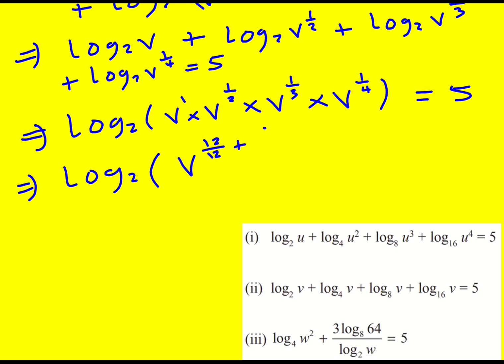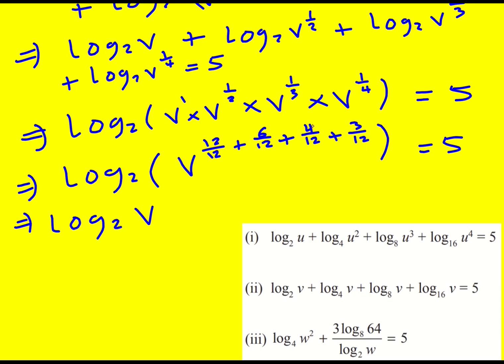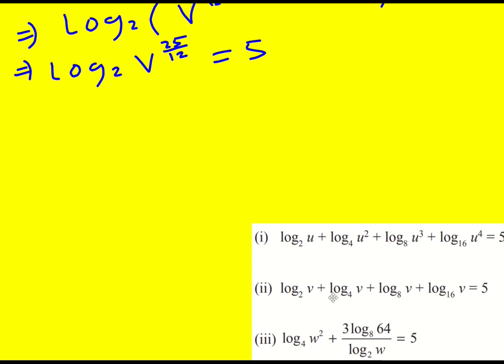So 12 over 12 plus 6 over 12 plus 4 over 12 plus 3 over 12. Add these up, 18, 22, 25. So that means that v to the 25 over 12 is going to equal 2 to the 5.